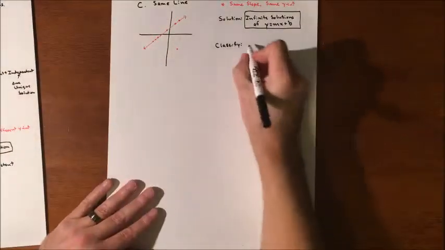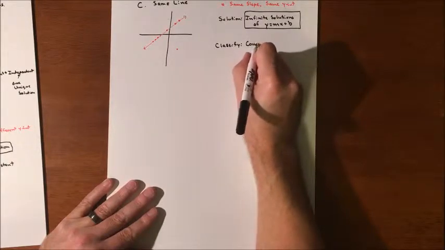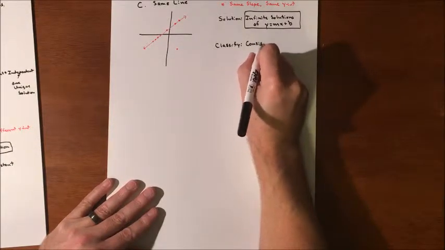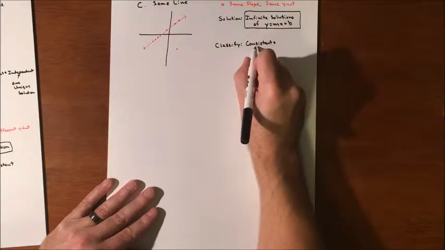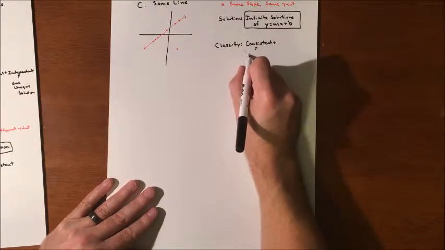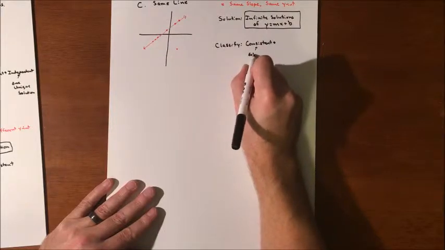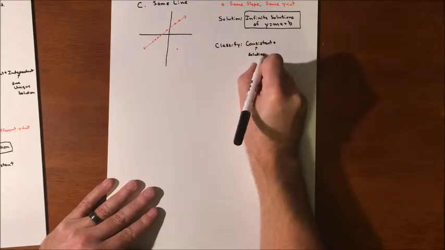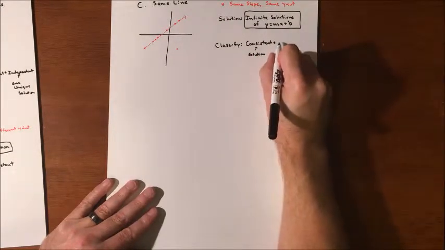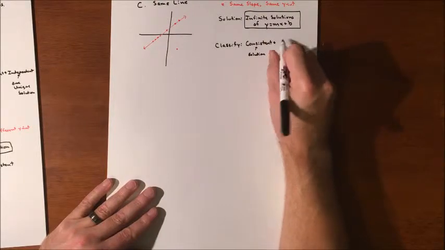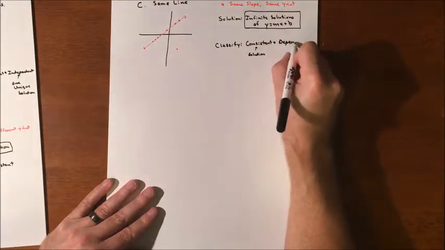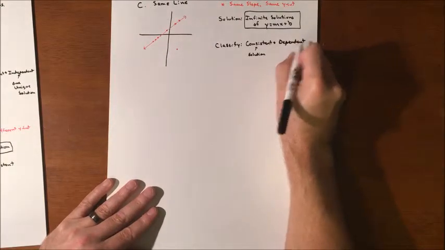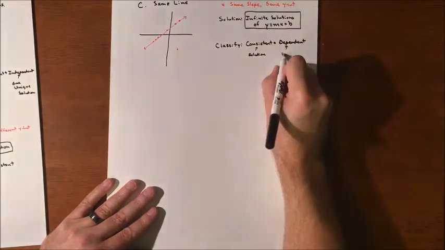So we have consistent because we have a solution. But we don't just have one this time. So if independent was one solution, then we're going to classify this as dependent. And that's because we have infinite solutions.